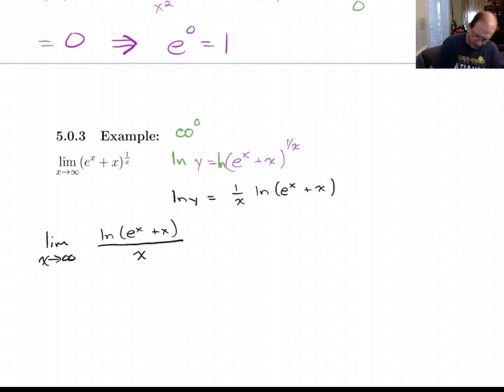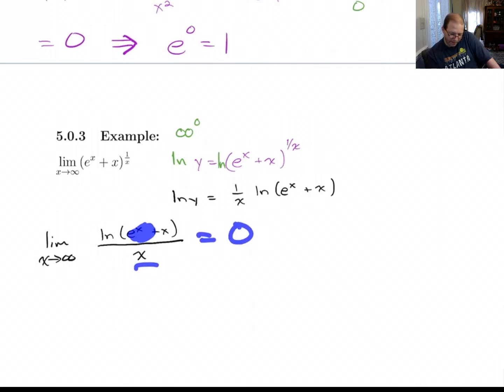And let's see, what can we do with this? We've got a natural log on top and an x on bottom, but because this is the natural log of e^x + x up here, and not just the natural log of x, we can't just jump straight to the answer. If the e^x weren't here and that were just an x on top, then by the fact that logs are slower than polynomials, that would give us 0.